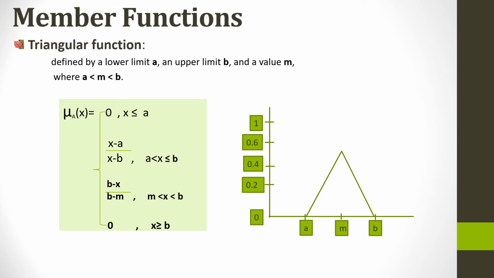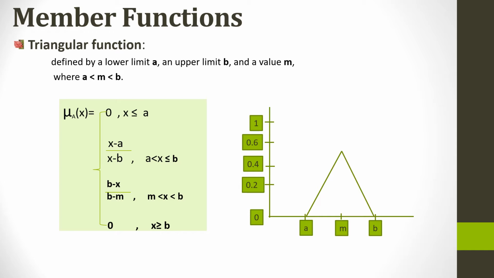Triangular membership function. The triangular membership function is the most popular membership function, and it is the first membership function. Here, the membership function of x depends on three parameters, that is a, b and c. Here the diagram shows the triangular membership function has three values.